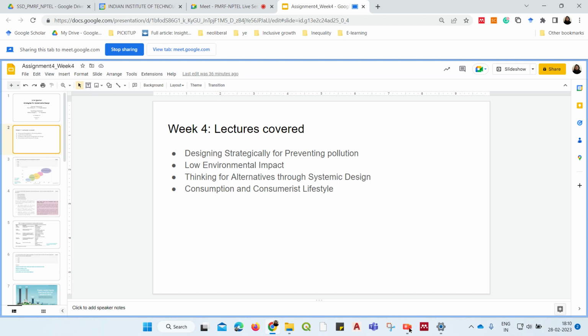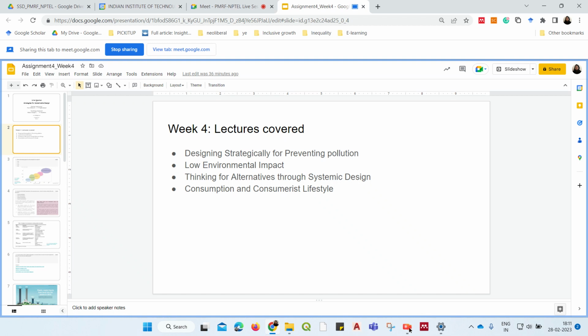And then linear and circular processes, how the linear and circular processes can be used for thinking and design process. And then different design thinking principles, as well as systemic design and future thinking also.